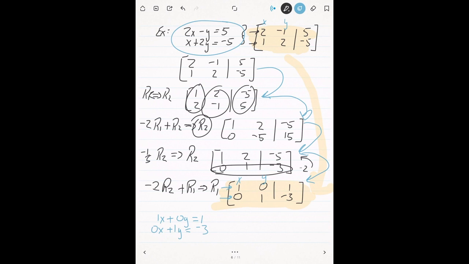Take a closer look. What is this telling us? Well, hopefully you're seeing that, really, since these cancel out, we just solved the system. x equals 1 and y equals -3. These values right here are the solution to the system of equations. We just solved for x and y.